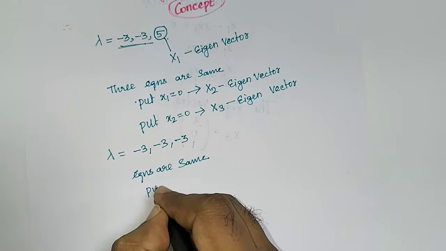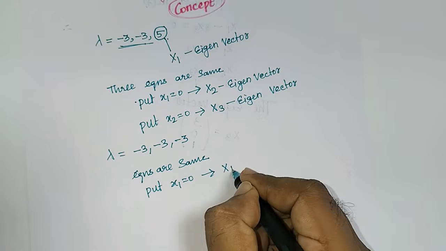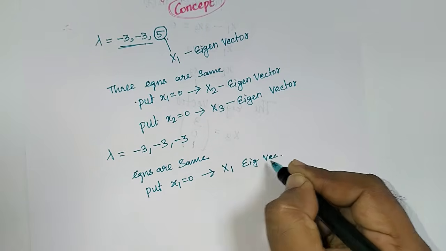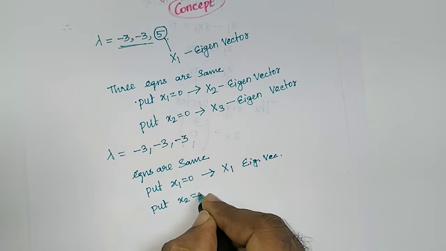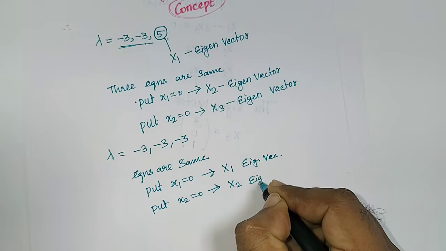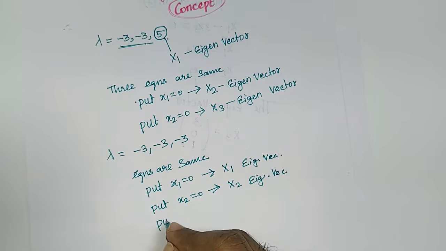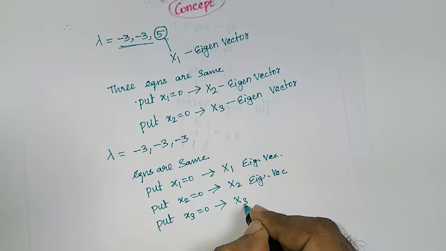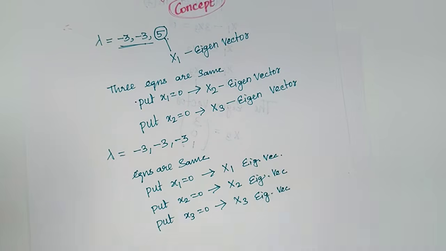as you already know, put x1 equal to 0, and you will get the x1 eigenvector. Again put x2 equal to 0, and you will get the x2 eigenvector. Next, put x3 equal to 0, and you will get the x3 eigenvector.